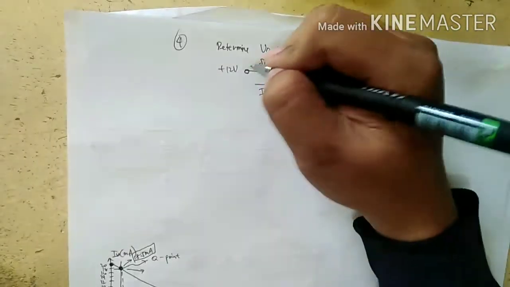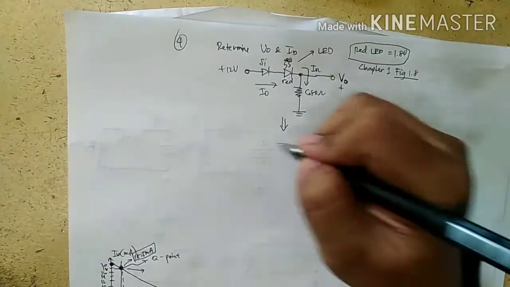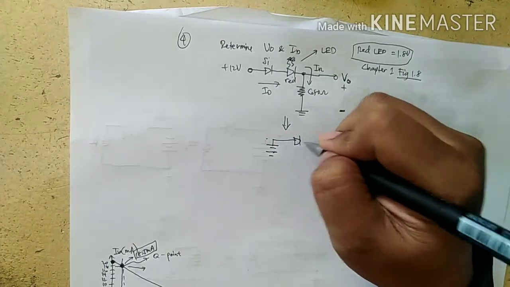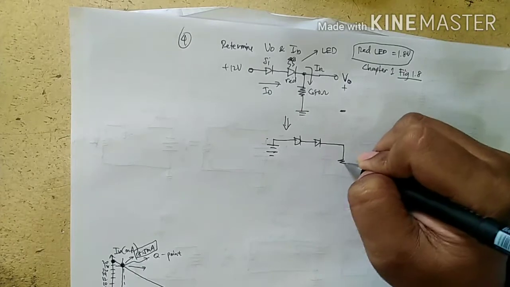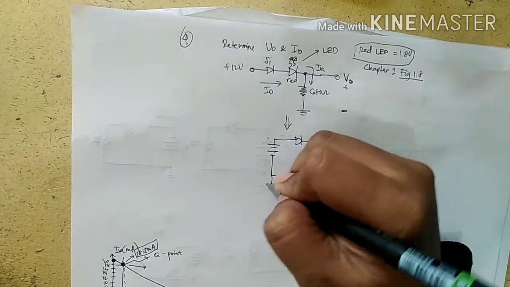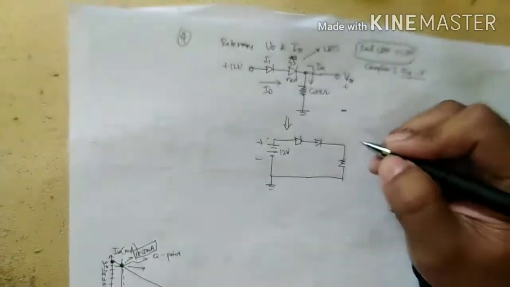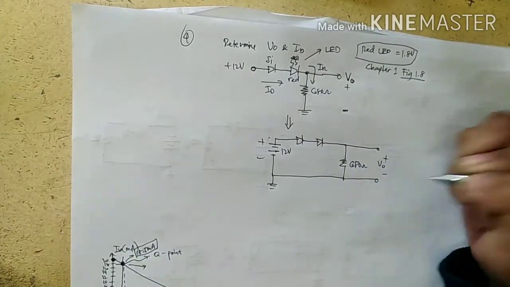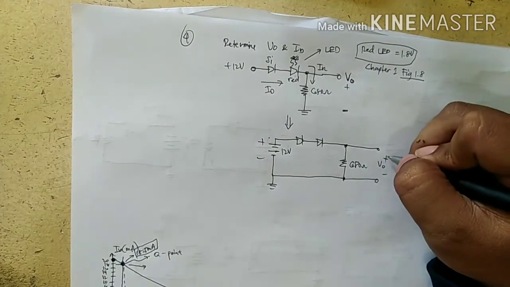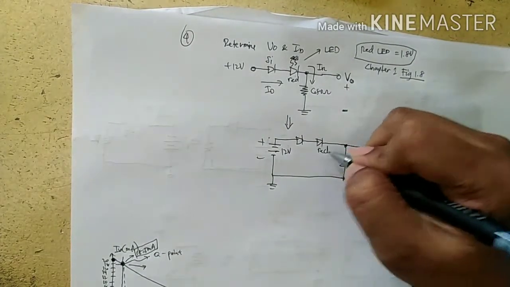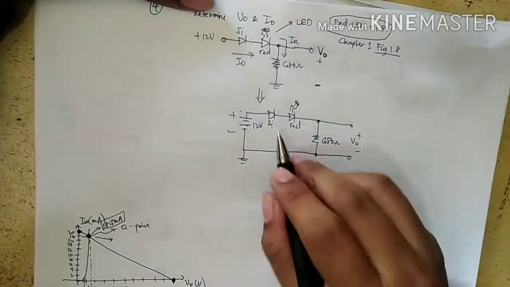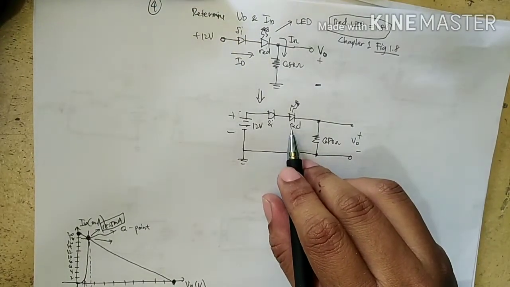So if we redraw it as a sketch: this is 12 volts, this is 680 ohms, and this is the diode. If you use a tester, this is the plus and this is the minus. The LED and the silicon diode are both forward bias.